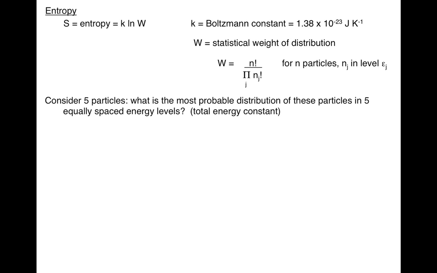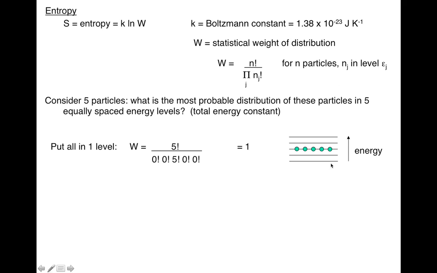So let's look at an example to make this clear. Let's just take 5 particles that we can distinguish. In statistical mechanics there's a very important distinction between distinguishable and non-distinguishable particles, but we'll ignore that here. What's the most probable distribution of those particles over 5 equally spaced energy levels, with a total energy constant?